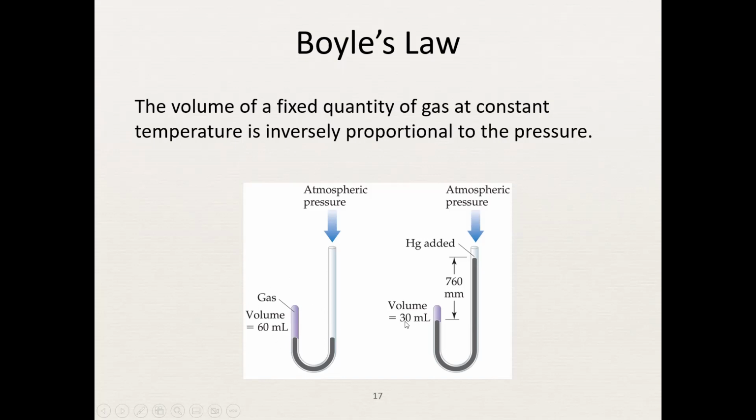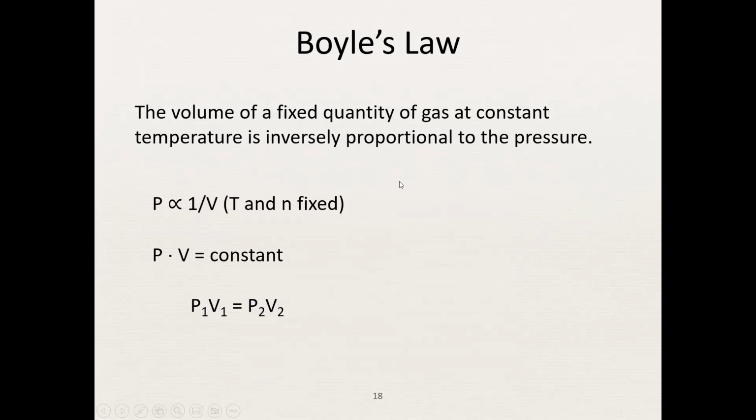But now we've got half the volume, so we're going to have twice the pressure. And when we're looking at the relationship between these two, T for temperature, N for moles of gas, because we're keeping both of those constant, pressure times volume is just going to be equal to some constant based on the temperature and the amount of gas we have.